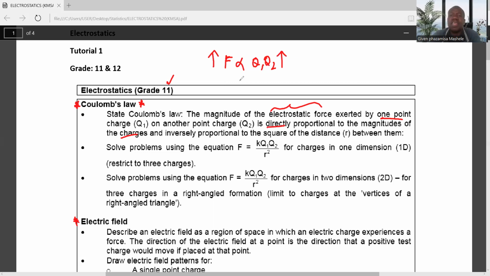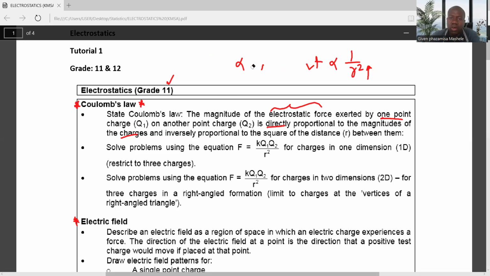They are directly proportional, whereas the force and the square of the distance are inversely proportional. So the higher the distance, the smaller the electrostatic force. So they are inversely proportional. This is according to Coulomb's law.